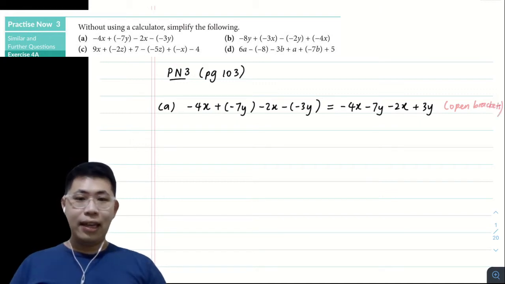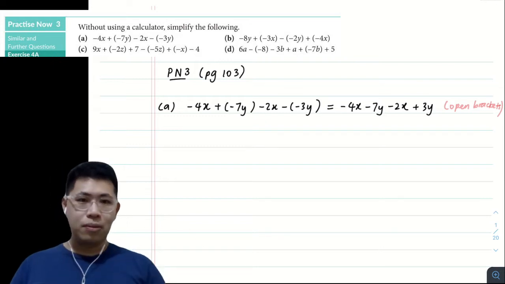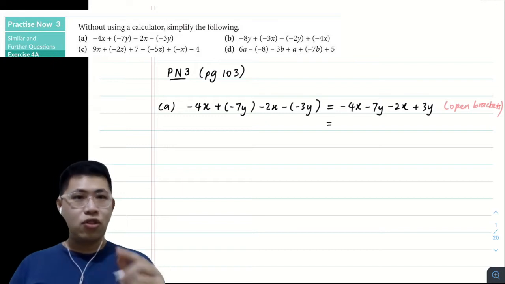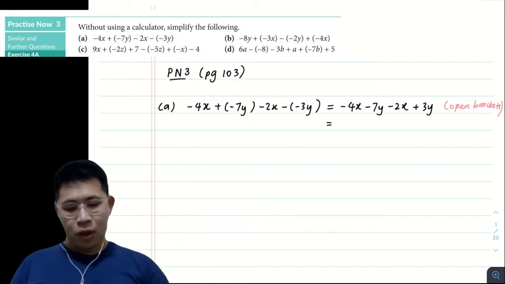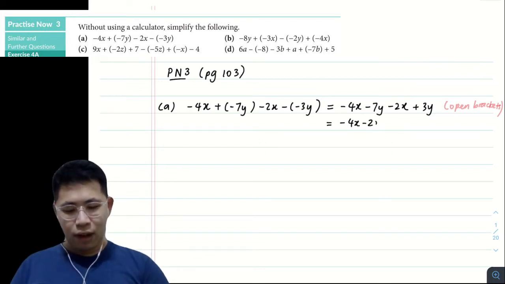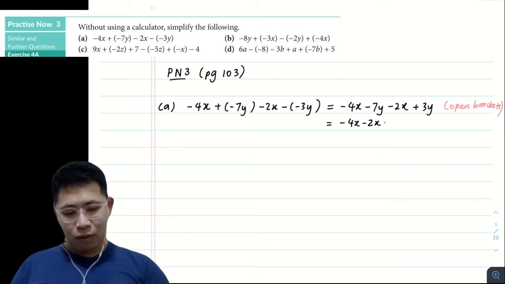Okay, and the next thing that we are going to do is rearrange them such that we are able to add them nicely. We try to rearrange the like terms together. So I'm going to get my x terms together, negative 4x and my negative 2x, and I'm going to group the y's together, so I will have a negative 7y plus 3y.